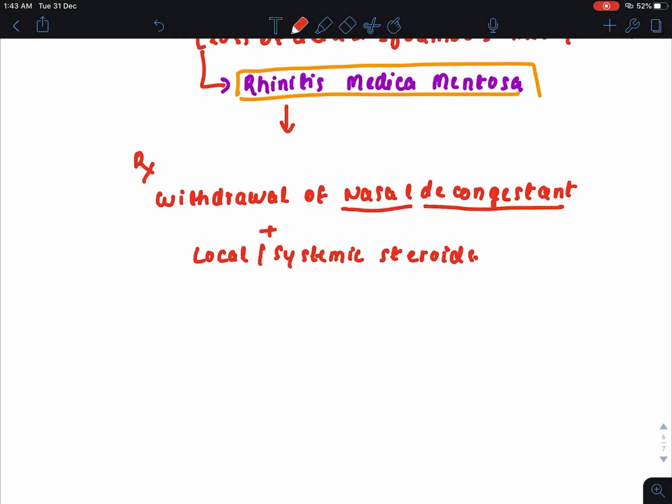What is the function of this steroid? It modulates the gene transcription and restores the function of the alpha 1 receptor.